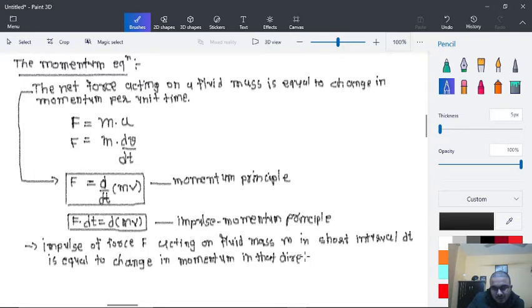So this is all about the momentum equation and the impulse momentum principle.